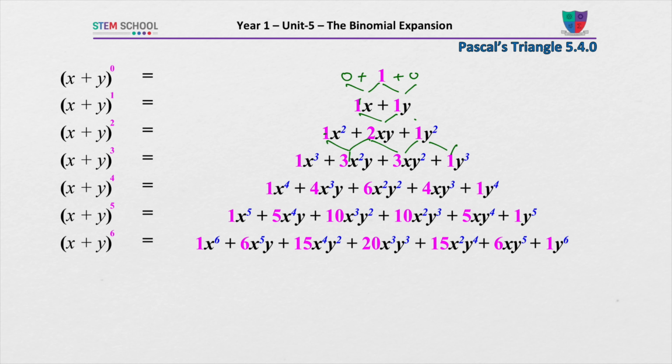Then 1, 1 plus 3 is 4, 3 plus 3 is 6, 3 plus 1 is 4, and 1 again. Then 1, 1 plus 4 is 5, 4 plus 6 is 10, 6 plus 4 is 10, 4 plus 1 is 5, and 1 again. Then 1, 1 plus 5 is 6, 5 plus 10 is 15, 10 plus 10 is 20, 10 plus 5 is 15, 5 plus 1 is 6, and 1 plus 0 is 1.